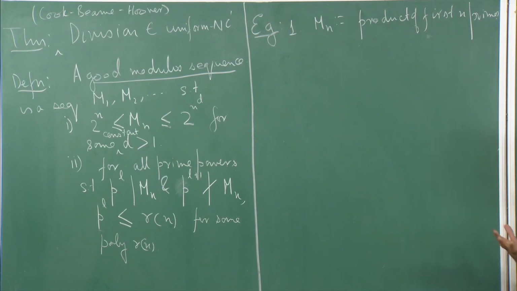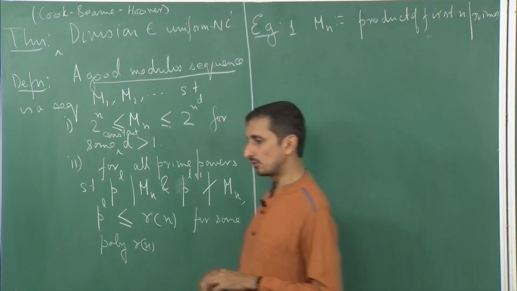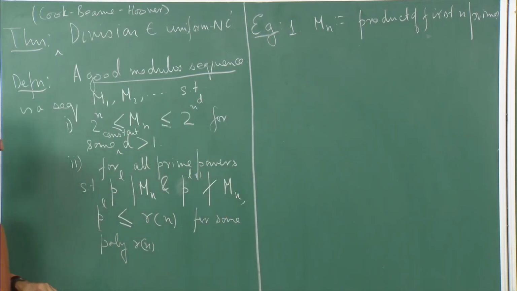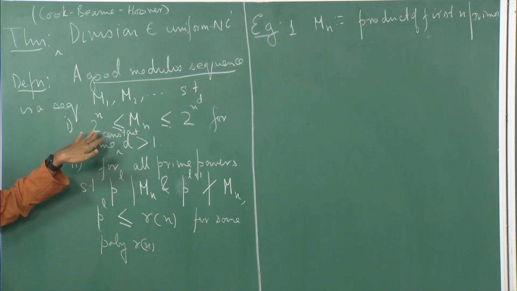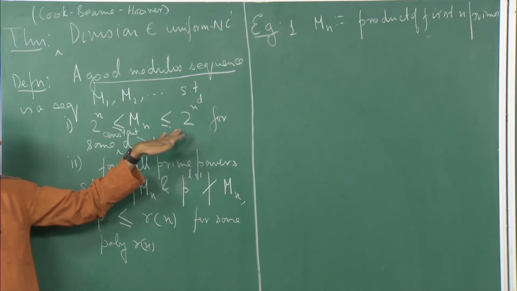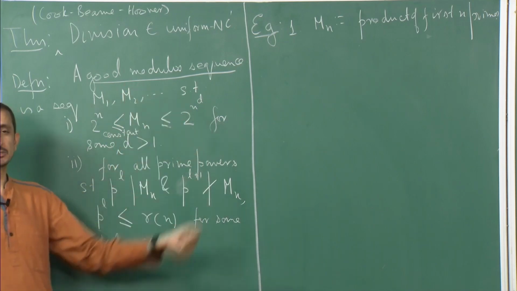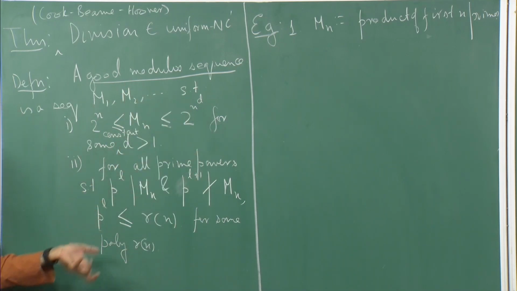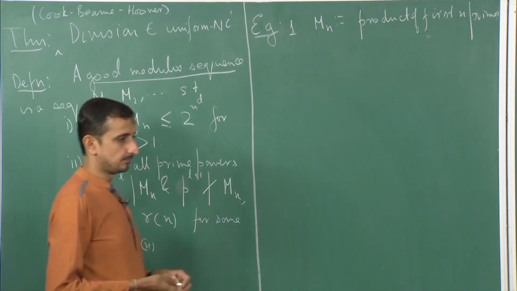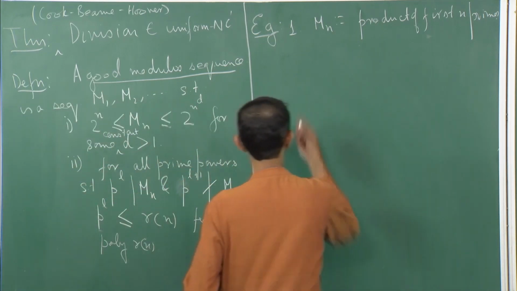If you look at the first n primes, you can show that it is greater than 2 to the power n, and it is less than actually 2 to the power n squared. And of course, for the product of the first n primes, the only prime power divisors are the primes themselves, and the nth prime by the prime number theorem is at most n log n.